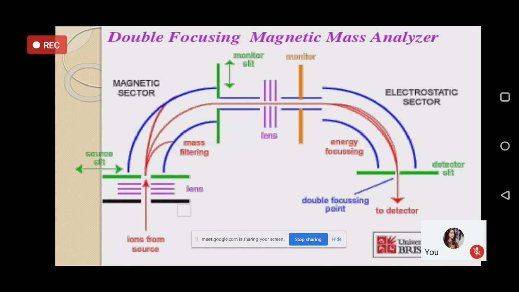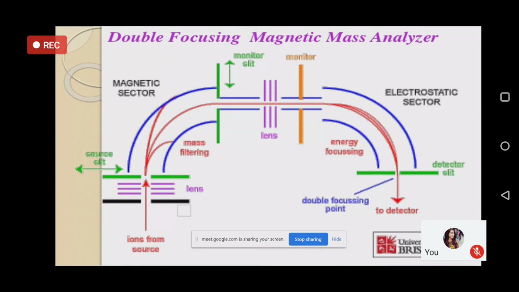So the first focusing in the double focusing mass spectrometer or sector analyzer is going to be the selection with respect to velocity. All the particles which possess a particular velocity will only be able to travel this path and reach the slit. All other particles with a higher or lower velocity will get deflected and will not be able to reach the slit.